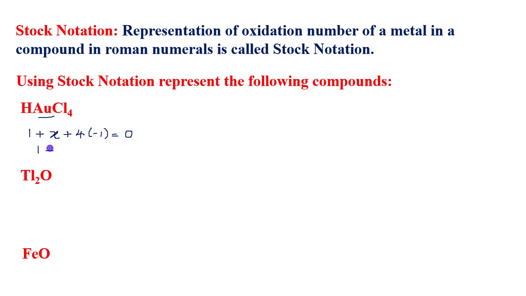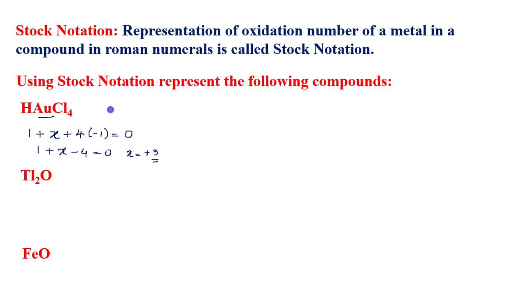So 1 plus X minus 4 equals 0. 1 minus 4 is -3. Shifting to the right side, it becomes +3. So X is equal to +3. So the oxidation state of gold in this compound is +3.